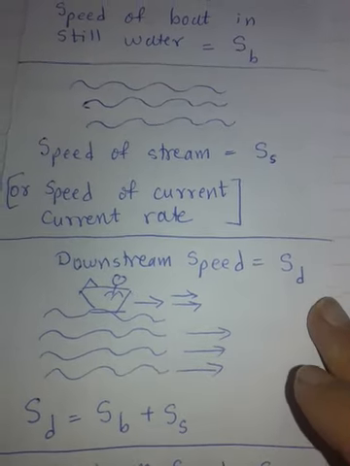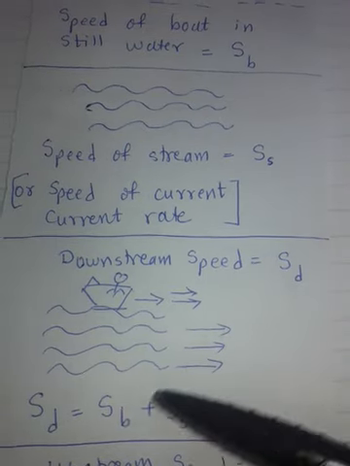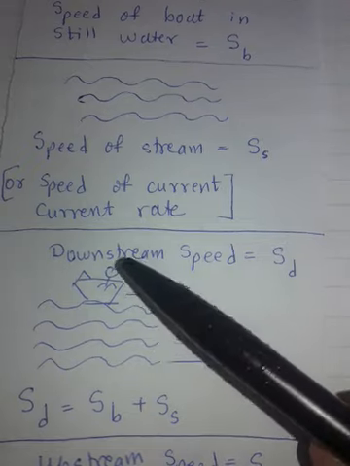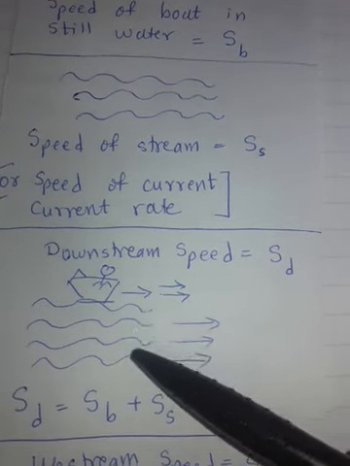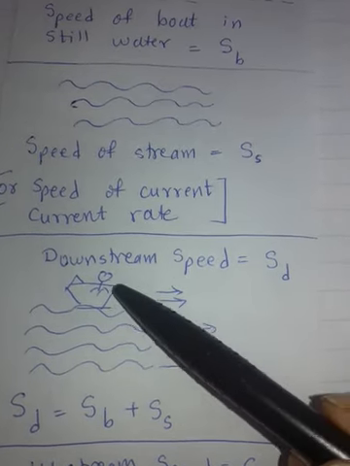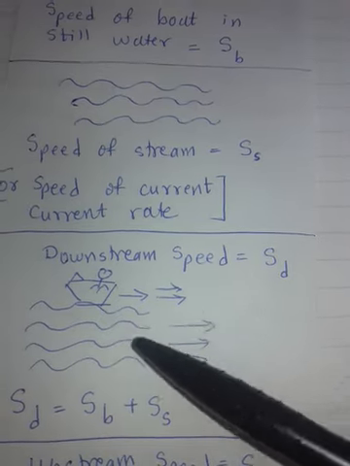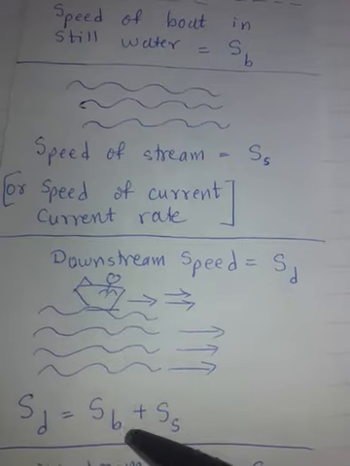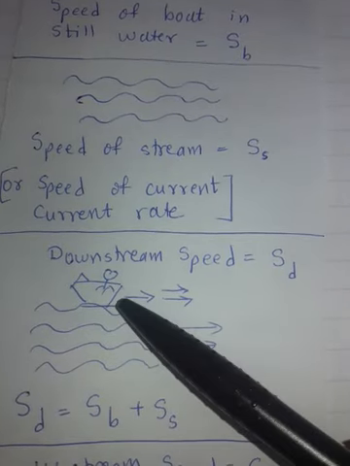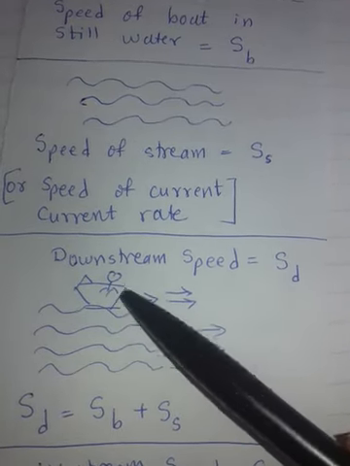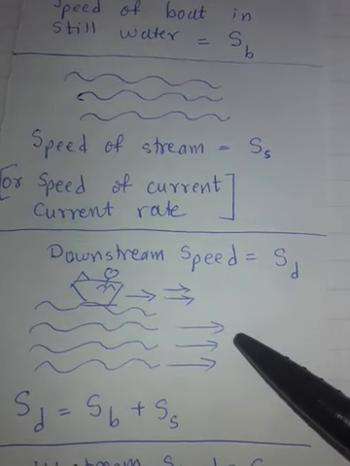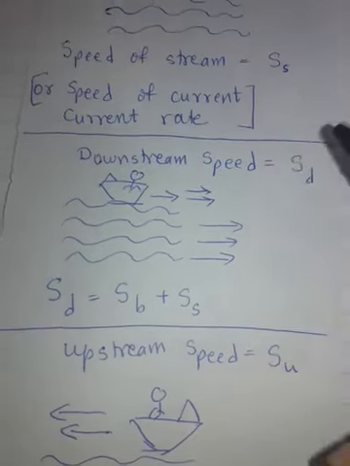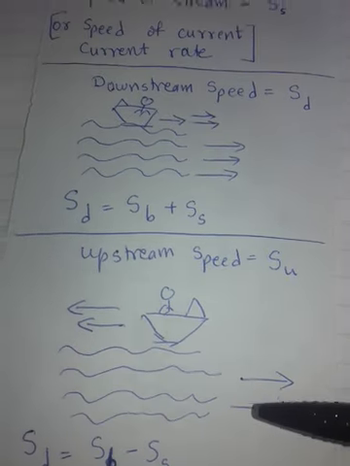Speed downstream is the sum of the speed of this stream plus the speed of this boat, because this stream helps the boat to move forward. दोनों का speed add हो जाता है और boat fast आगे चली जाती है. So speed downstream is equal to the sum of speed of boat in still water plus speed of stream. Add हो जाता है.